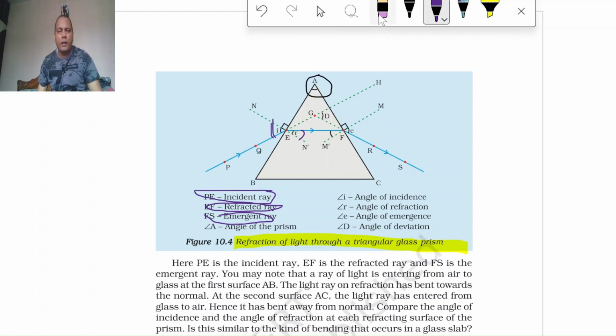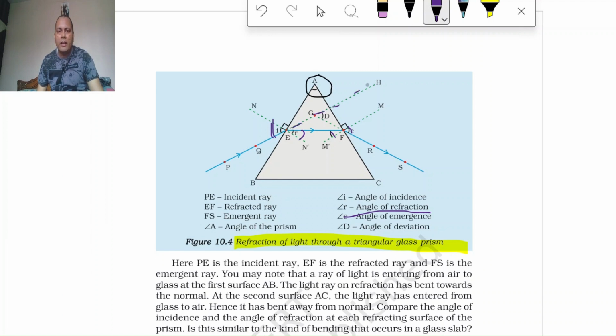In the same way, when you move to the other part, here is the angle and here is the angle. So this is the angle of emergence, when the ray finally comes outside.